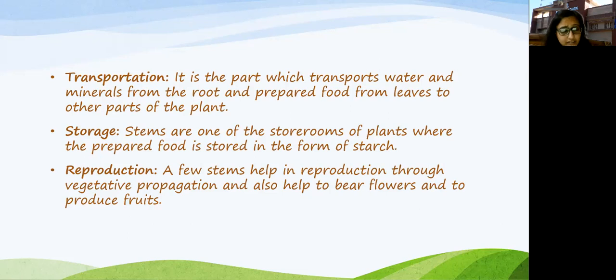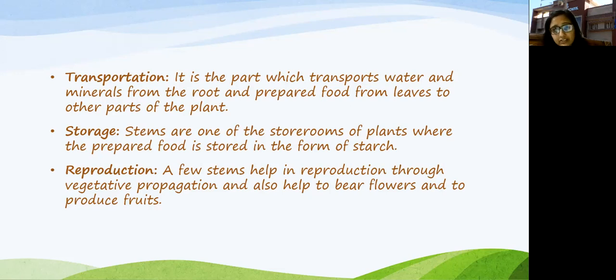So abhi I am just giving an overview, because it comes under the functions of stem. So a few stems help in reproduction through vegetative propagation and also help to bear flowers and to produce fruits. So kuch stems, not all the stems, but few stems, they help in reproduction. How? Through vegetative propagation.